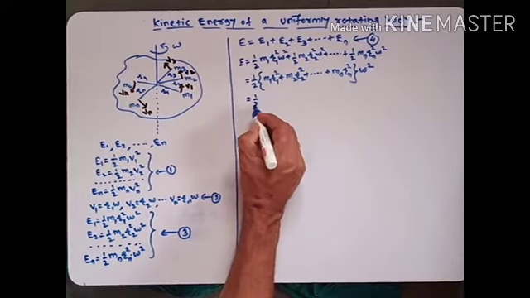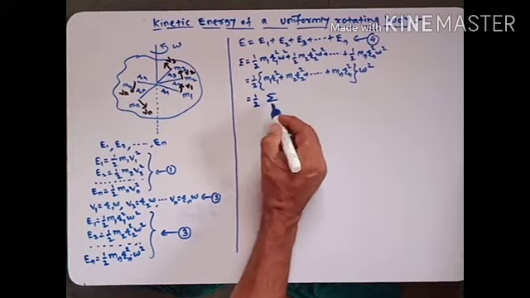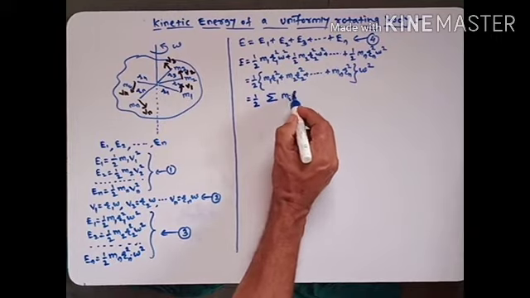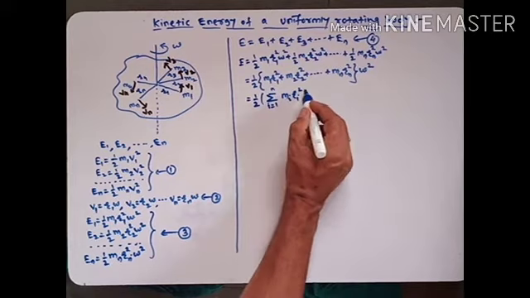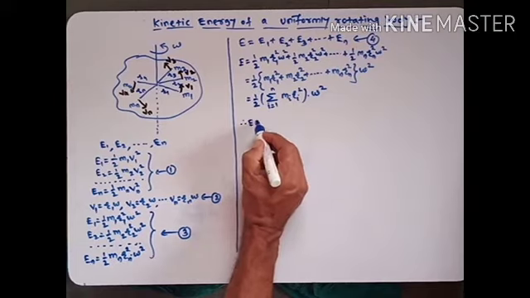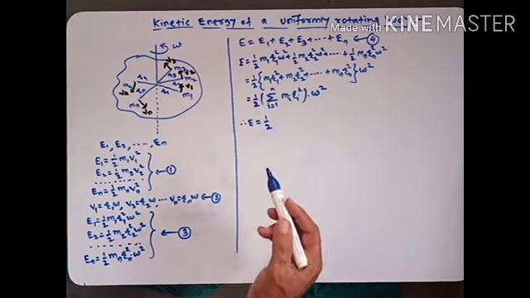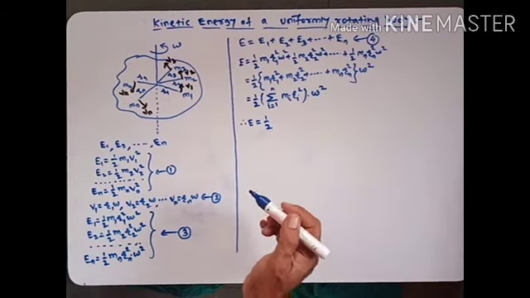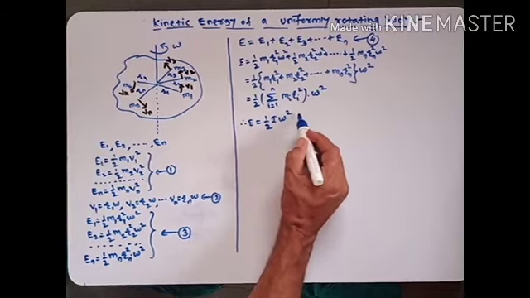therefore we write here half, and we write this bracket symbolically as summation mi ri square, i equal to 1 to n, omega square as it is, and therefore E is equal to half, and this bracket is nothing but the moment of inertia, and therefore I write here E is equal to half I omega square.